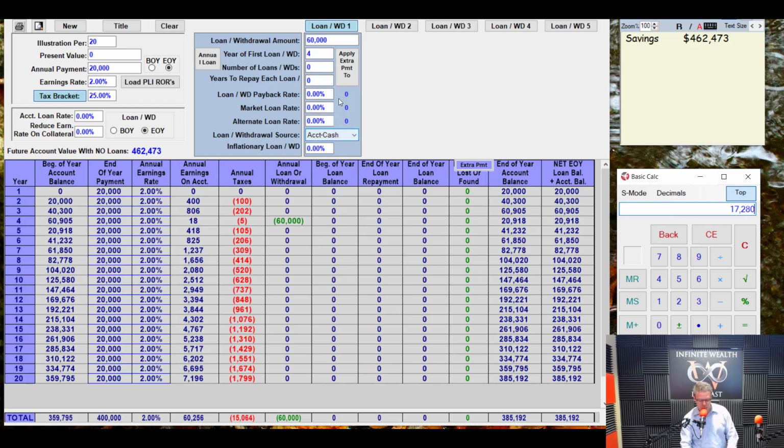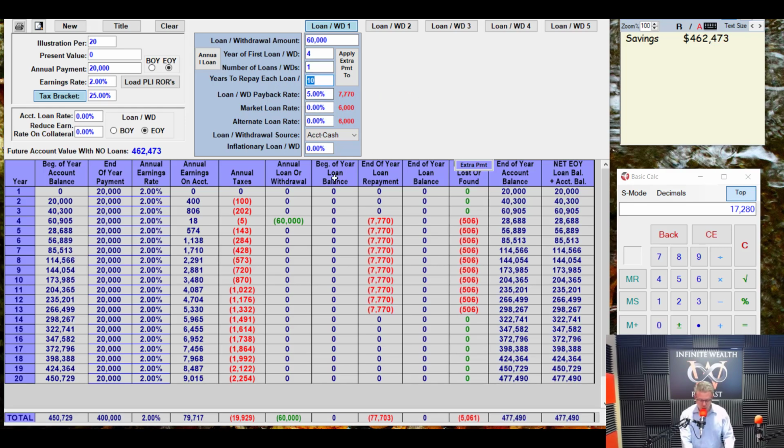What we're going to do is we are going to pay ourselves back. Let's just use 5%, and let's say we do it over 10 years. So what we've done is we've taken out $60,000.